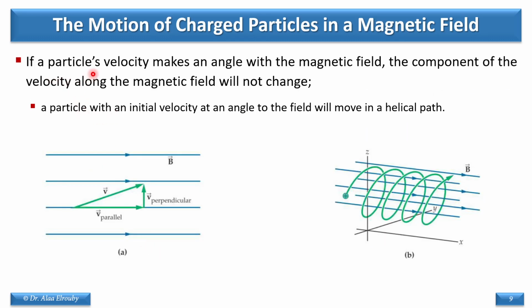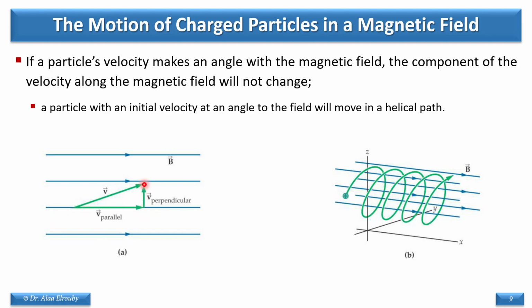So if a particle has a velocity that is inclined to the direction of the magnetic field, its component along the direction of the magnetic field will not change, because there is no force caused by this component.